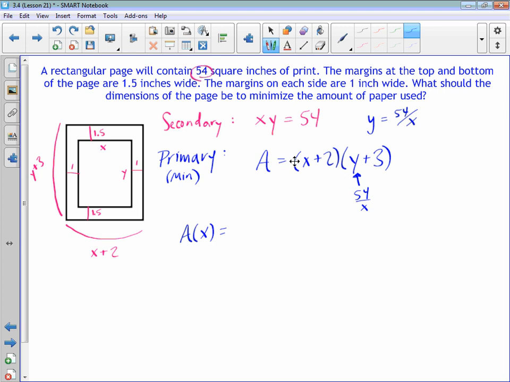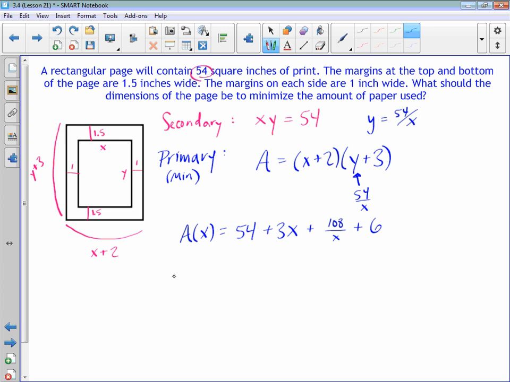If I multiply x times 54 over x, what do I get? 54, the x's cancel. And x times 3 will give me 3x. 2 times 54 over x gives me 108 over x. And the last piece, 6.